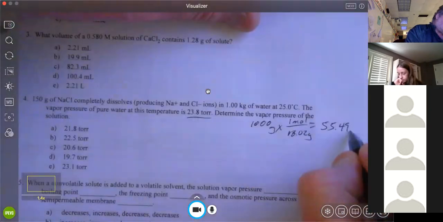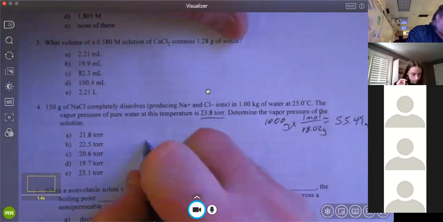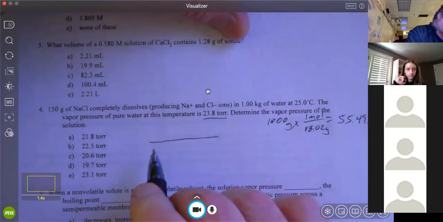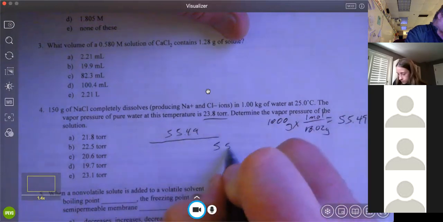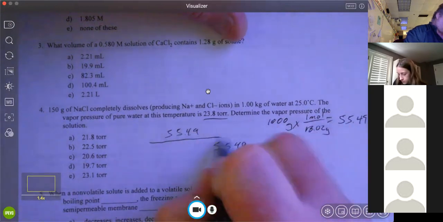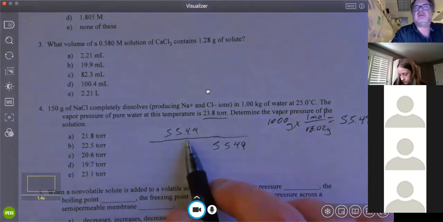So that's how many moles of water we have. So that's going to go on the top and bottom, because that's what we want to find, the mole fraction of the actual solvent.